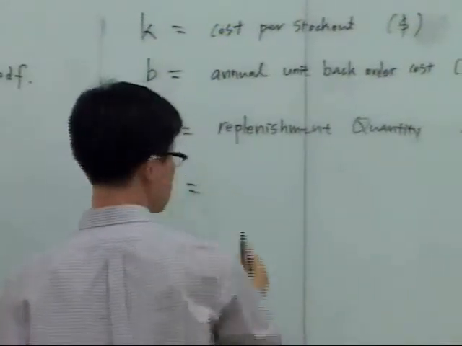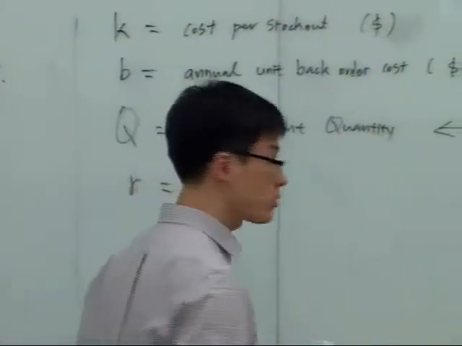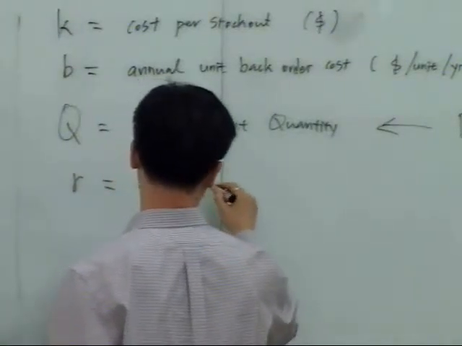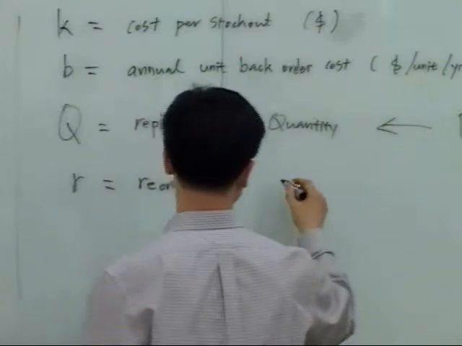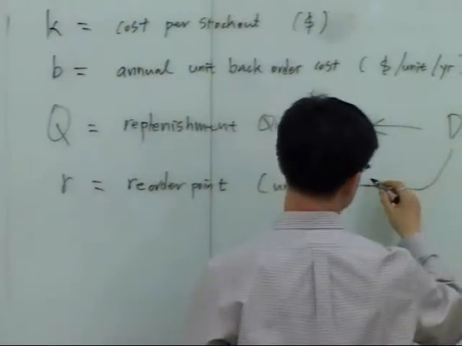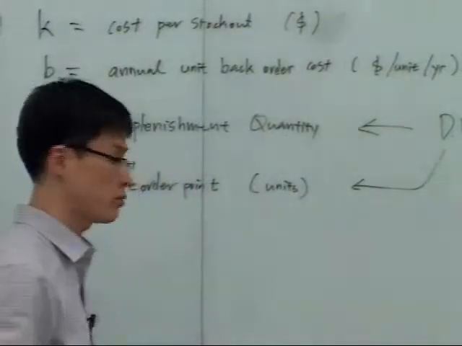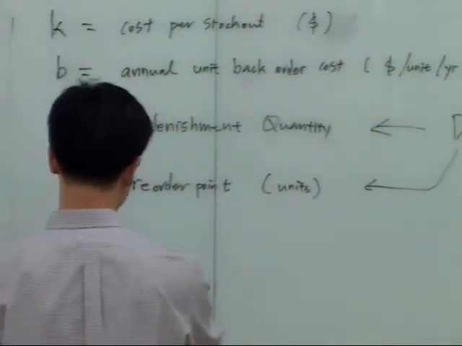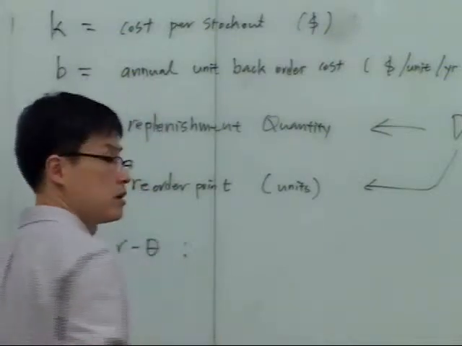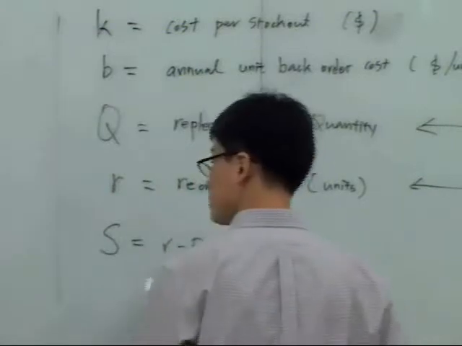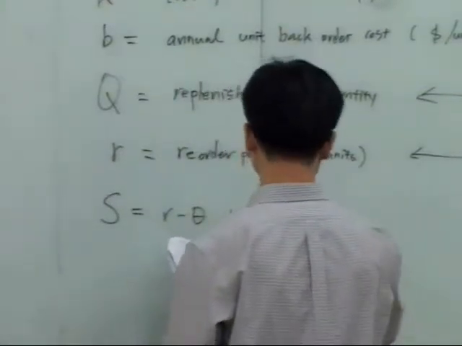And R is, as in the base stock model, the reorder point, also given in units. This is also our decision variable in this model. And S is defined as R minus theta, identical to the base stock model. It's the safety stock.